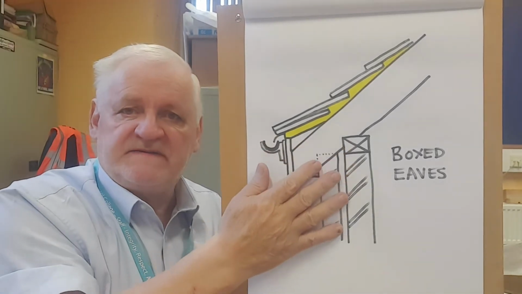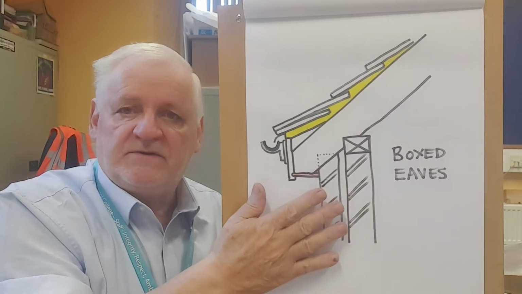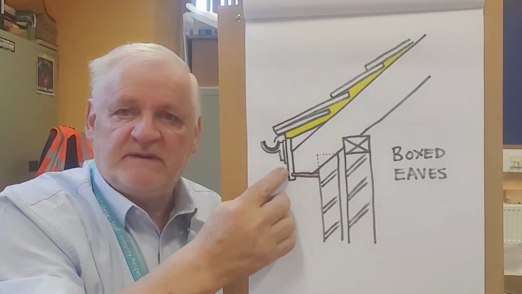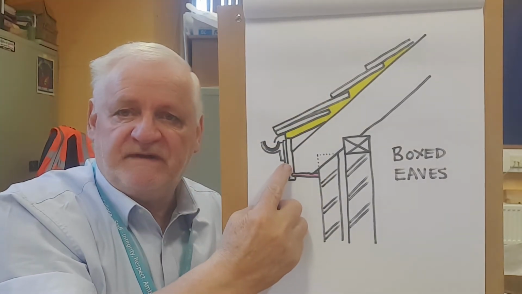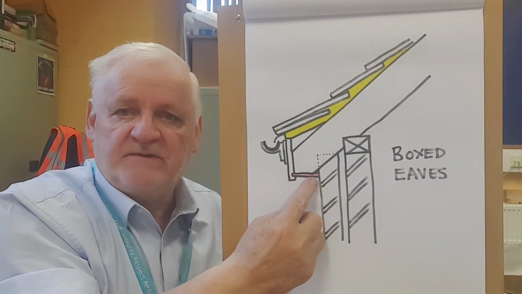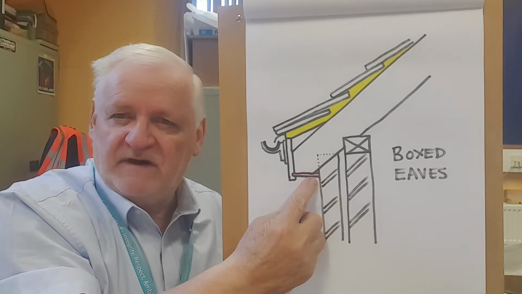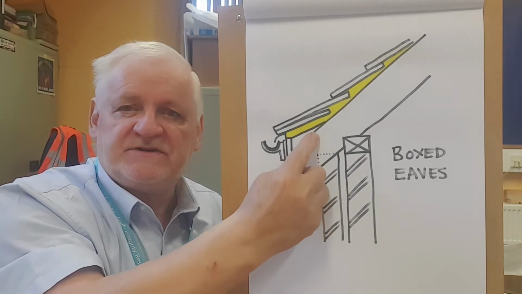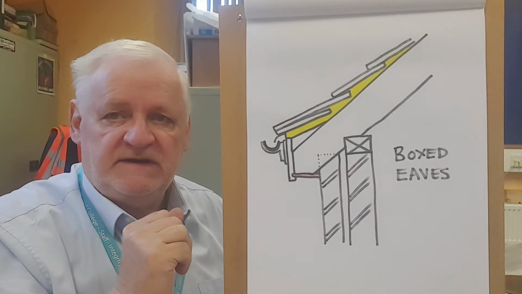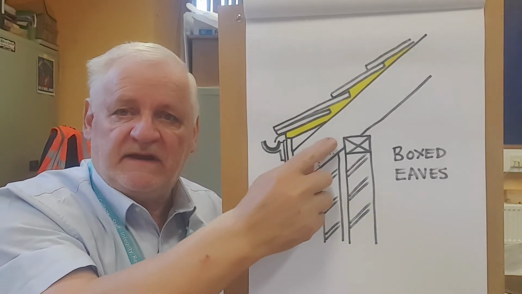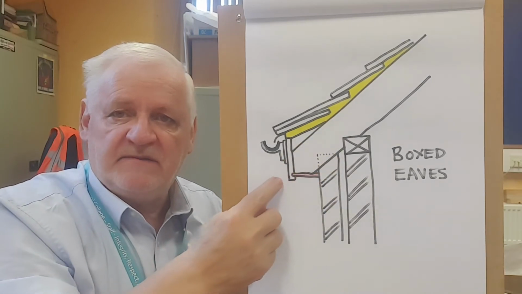Now there's other ways of doing eaves. This is called boxed eaves. These stick out over the building, but you can also have flush eaves. Flush eaves is where the fascia is right up against the brickwork, within about 5mm space, and then it just goes straight up. And there's another way which is called open eaves. Open eaves look a little bit like this, but they tend to come down a little bit further.